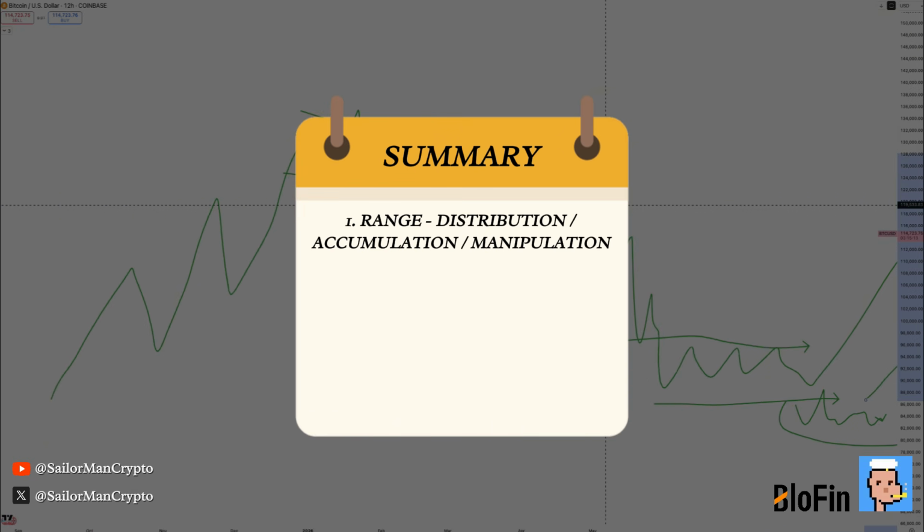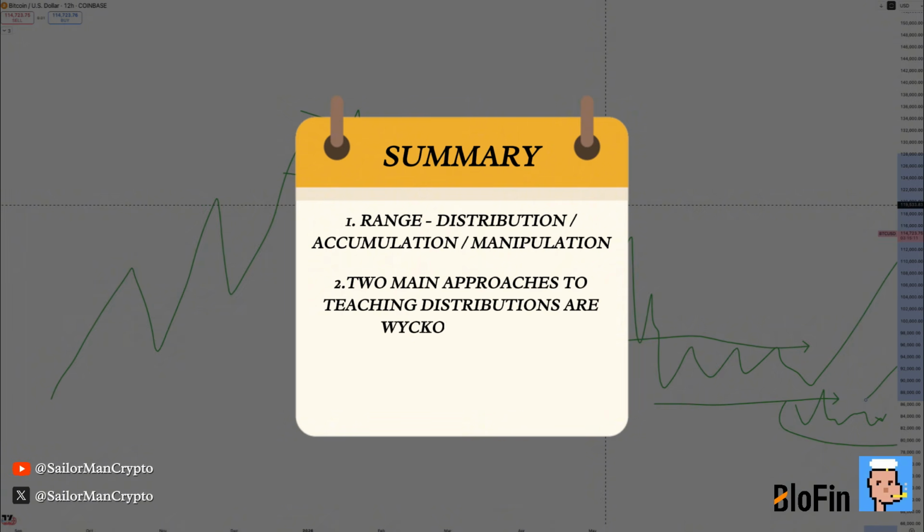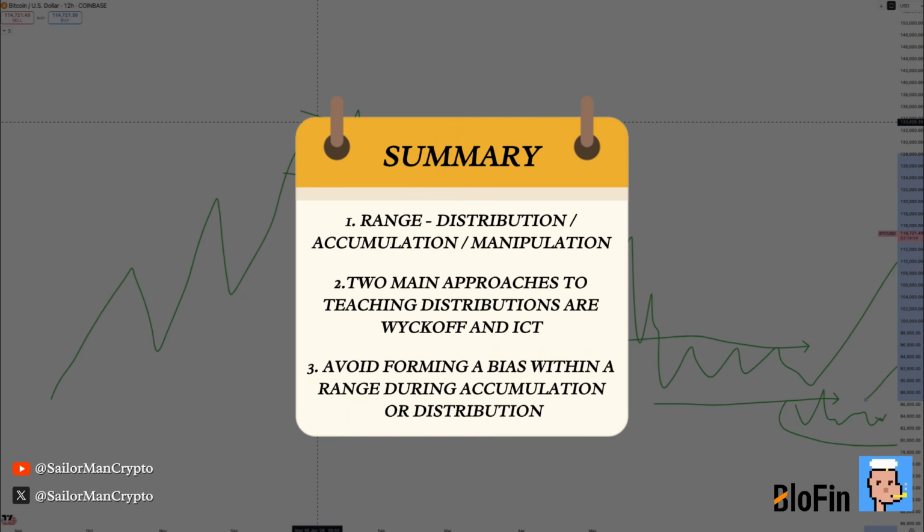There are two main schools that teach how to interpret ranges: Wyckoff and ICT. I take a mix of both with a bit of salt, and I never try to form a bias within the range, whether it's accumulation or distribution.